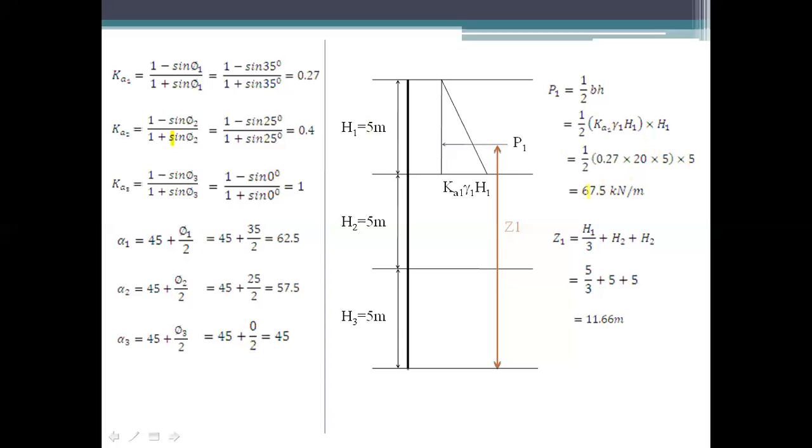So where is it acting? It is acting at Z1 from the base of the third layer. How will you calculate it? This force is acting from the first layer, at H by 3 from the base of the first layer. So it will be H1 upon 3 plus H2 plus H3, which is 5 by 3 plus H2 is 5 and again H3 is 5.